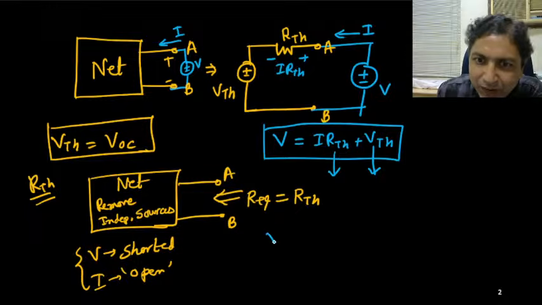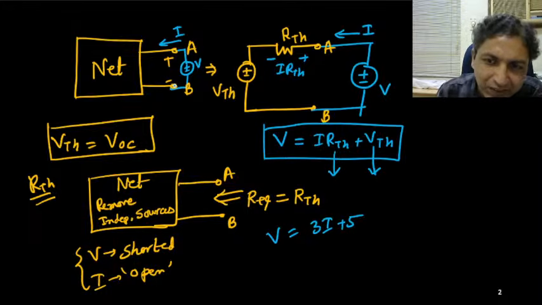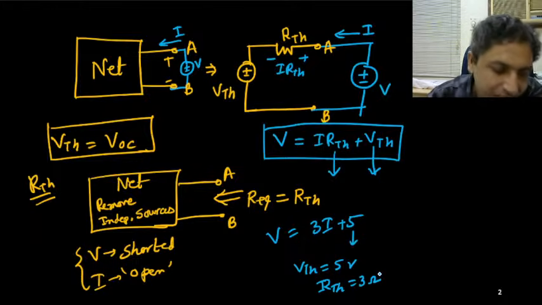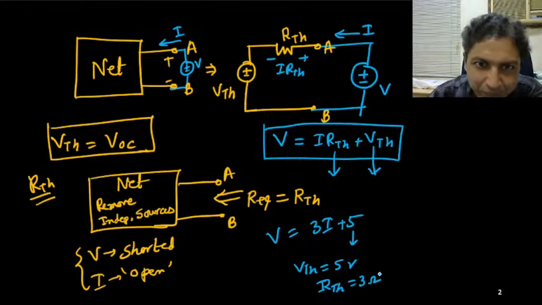Like if you get V equals 3I plus 5 after solving this network with the added voltage source V, then VTH is 5 volt and RTH is 3 ohm. This is a very simple thing.